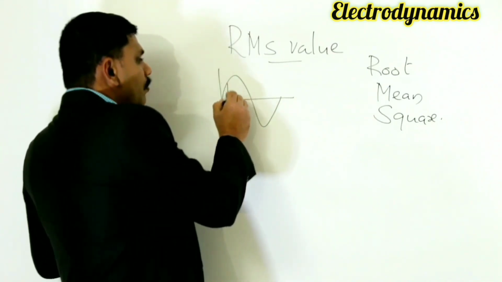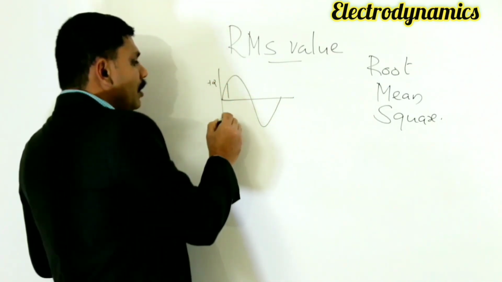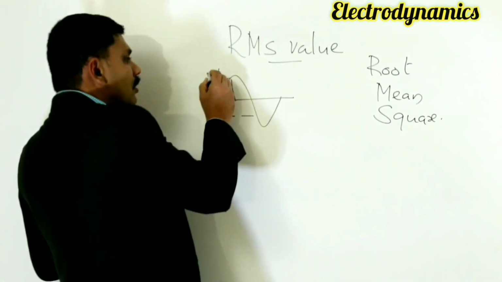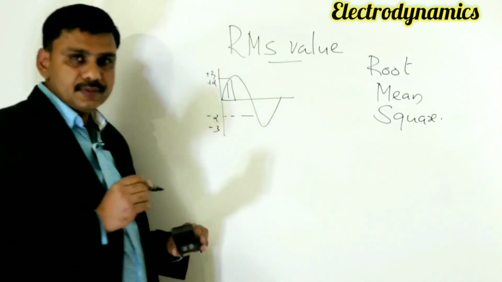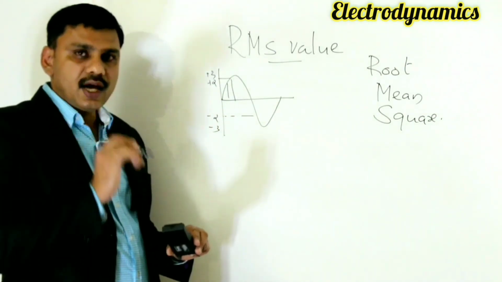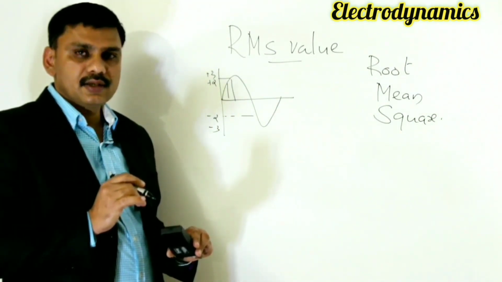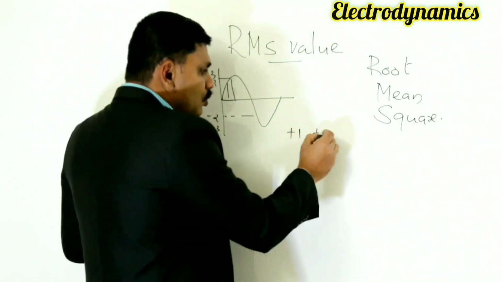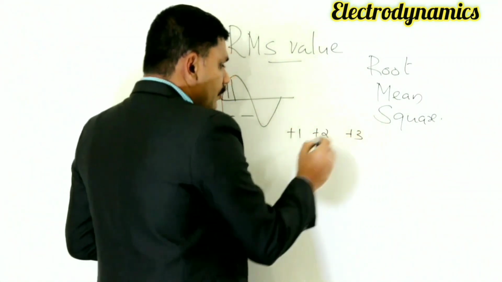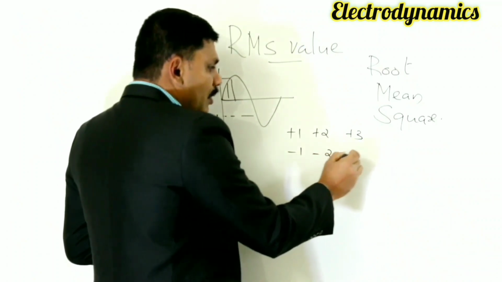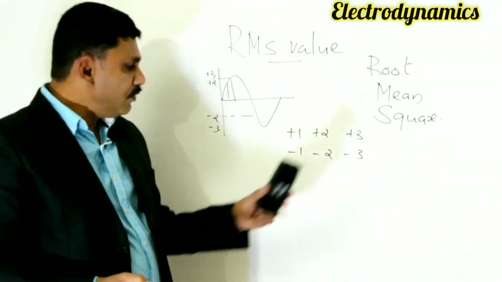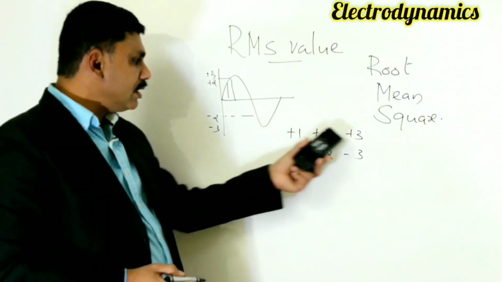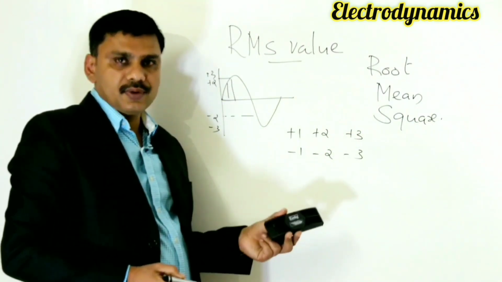If you consider plus 2 here, there will be a minus 2. If you consider plus 3 here, there will be minus 3. For example, plus 1, plus 2, plus 3, minus 1, minus 2, minus 3. If you take the average of this, it will be 0. When you add these, it becomes 0.